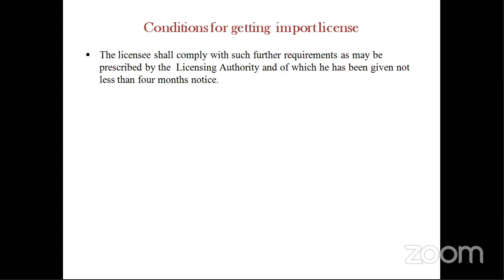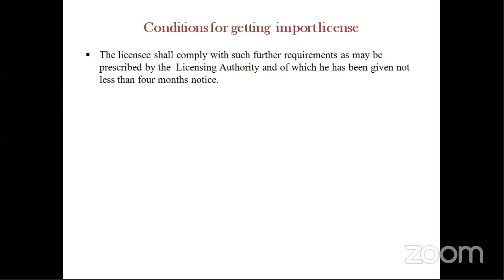And the last condition is that the licensee shall comply with such further requirements as may be prescribed by the licensing authority, which has been given not less than 4 months' notice.